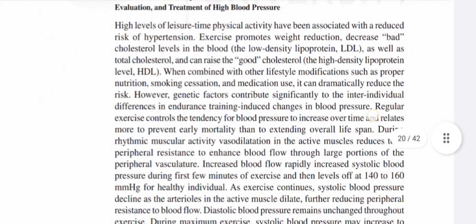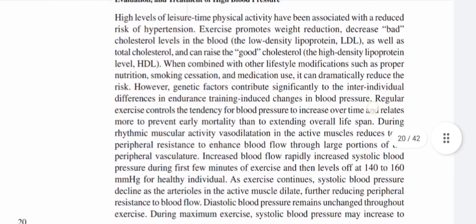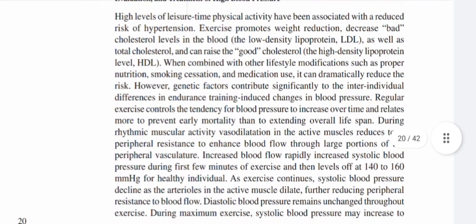High levels of leisure time physical activity have been associated with a reduced risk of hypertension. Exercise promotes weight reduction, decreases the bad cholesterol level in the blood, the low density lipoprotein LDL, as well as total cholesterol, and can raise the good cholesterol, the high density lipoprotein level HDL.